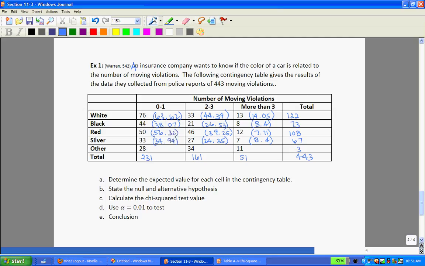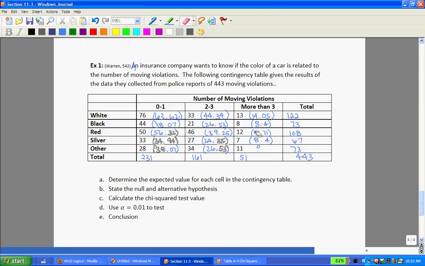This should be a 73. So that means 38.07 there. Finishing up, 26.53 there, and 8.4.